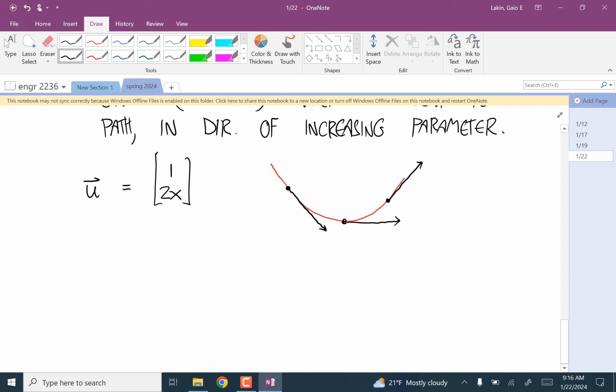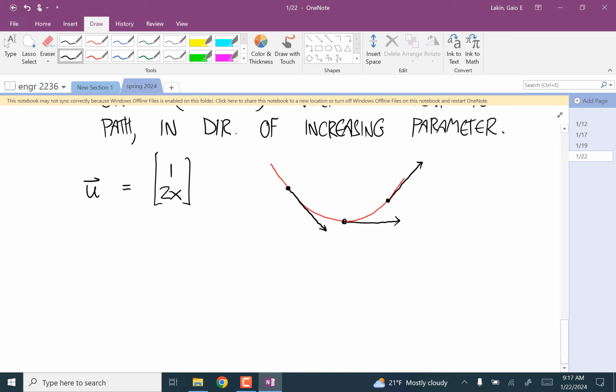If you plug in x equals 0, that's at this bottom one here, right? You get a vector of 1, 0, which is horizontal, which is what you would expect there. You with me on that? That is a unit vector. That one is a unit vector, but nothing else is.